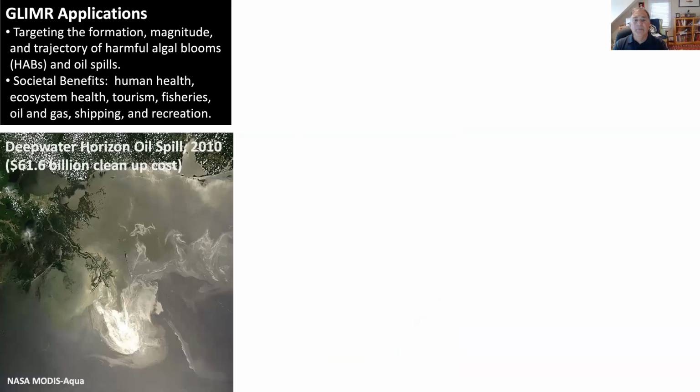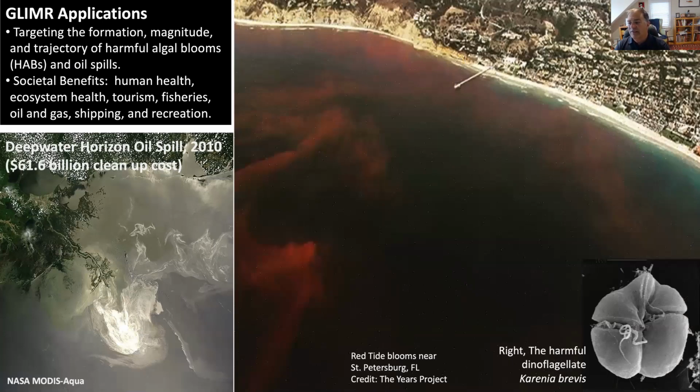Okay, but we also have applications, and NASA demanded this of us when we put in the proposal. We'd like to target the formation, magnitude, and trajectory of harmful algal blooms and oil spills. So we brought in people on our science team that study oil spill thicknesses, oil seeps, oil spill extent, and also folks that study harmful algal blooms that cause damage to ecosystems and indeed human health and property values too.